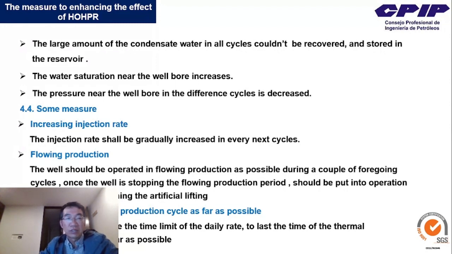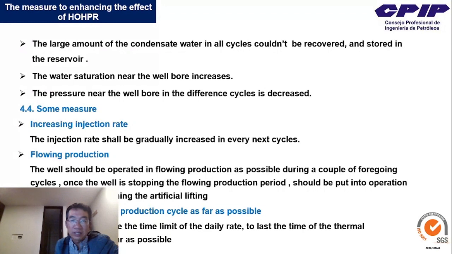4.4, some measures. Increasing injection rate. The injection rate shall be gradually increased in every next cycle. Following production. The well should be operated in following production as much as possible during the couple of foregoing cycles.